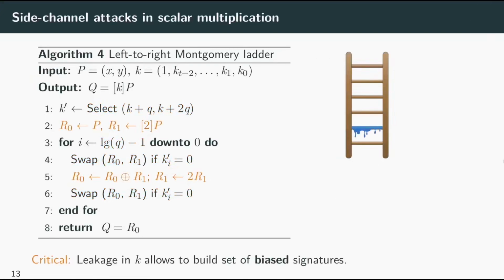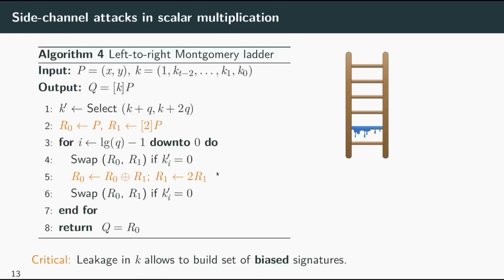LadderLeak is a vulnerability exactly on that part of the algorithm. If you consider, for example, that R0 takes point P in affine coordinates and R1 computes 2 times P in projective coordinates, there is a source of leakage on the first iteration of the loop if the group law implementation is not careful. This is what actually inspires the logo we assigned to this vulnerability.